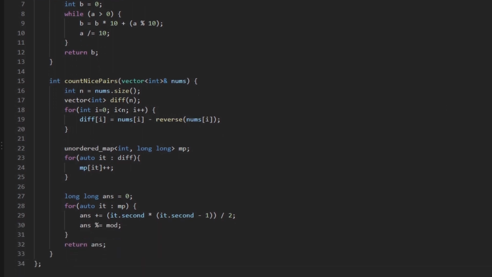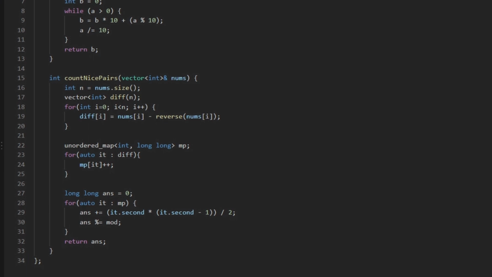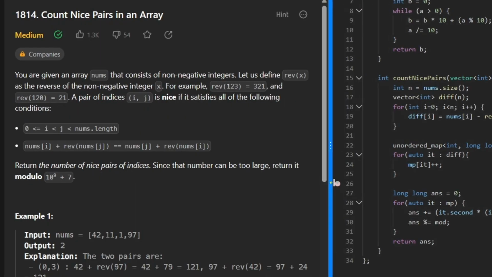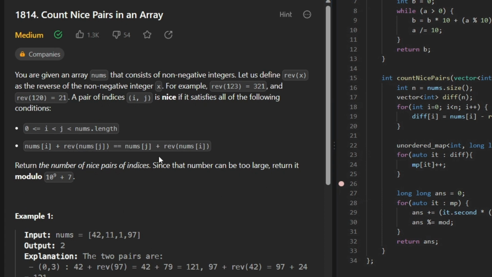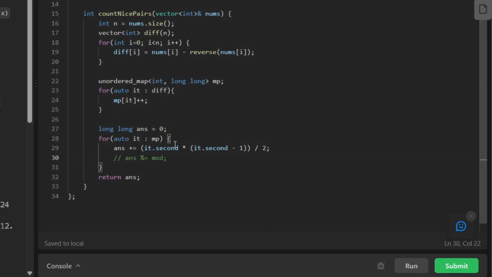In the next function, countNicePairs, we are first saving the differences of the numbers and their reverses, then mapping them in an ordered map, then counting the frequencies, and then dividing and taking the modulo, because the question said to return the number of nice pairs of indices, and since that number can be too large, return it modulo. So we are doing the same thing. If we don't do this, we will get a wrong answer.